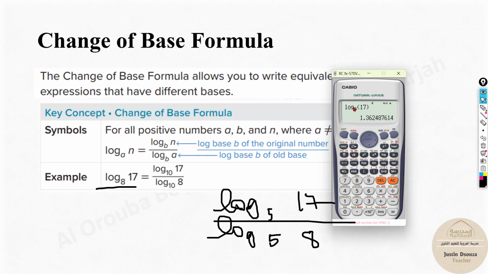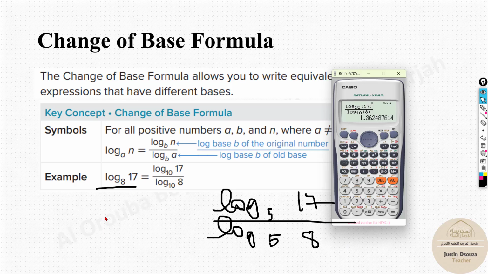It's the same. Let me change the base now. Here, let me take the base as 10: log base 10 of 17 divided by log base 10 of 8. It'll be the same answer, as long as the bases are the same.